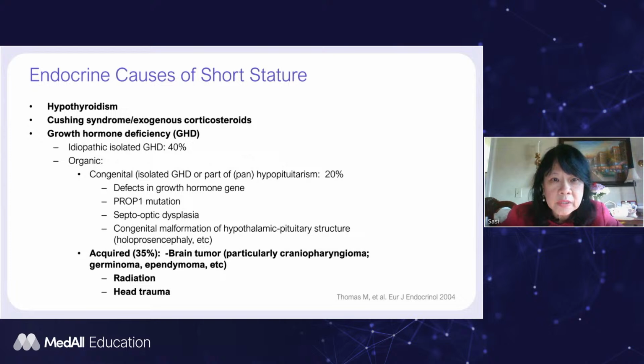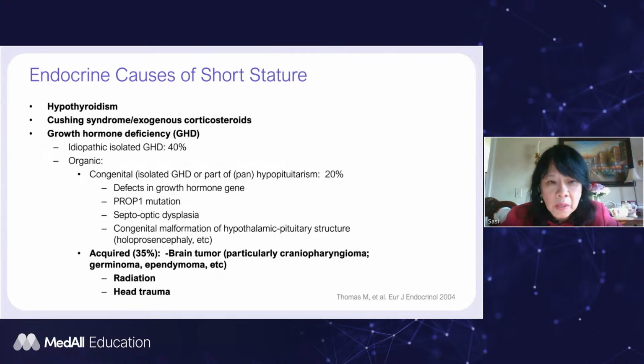And one endocrine cause for short stature is growth hormone deficiency. There are many causes of growth hormone deficiency. It can be idiopathic, and that is seen in about 40% of cases. 20% can be due to organic causes, from genetic causes, and this can be part of hypopituitarism, or if they have multiple pituitary hormone deficiency, it can be panhypopituitarism.